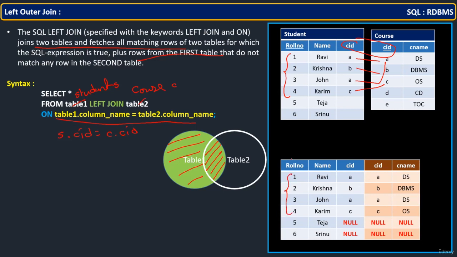You can see CID A, B, A, C, and their course names you got. Then these two rows are not satisfying the condition, but those are also coming in the output. Observe that student is the left table. So from the left table you can see the rows from the first table, that do not match any row in the second table. These are not satisfying the condition, but still they are coming.